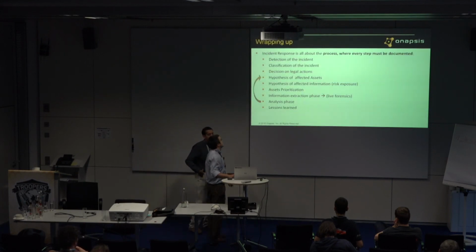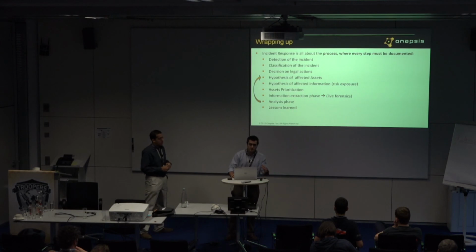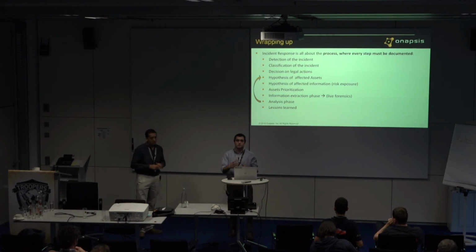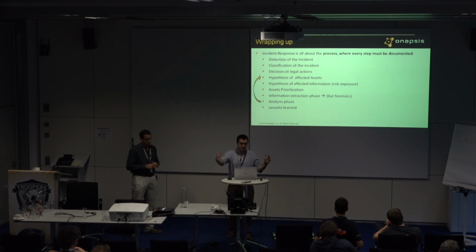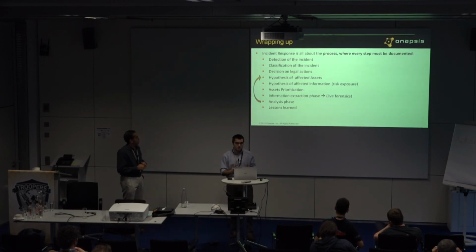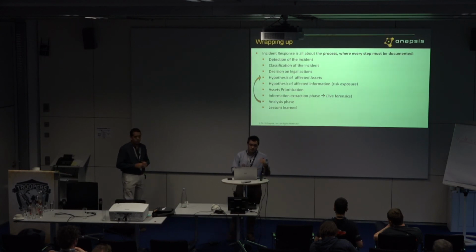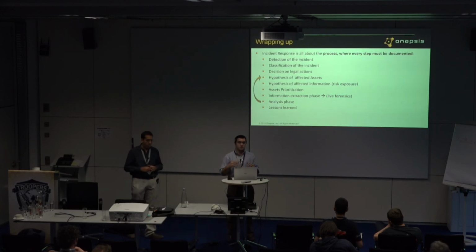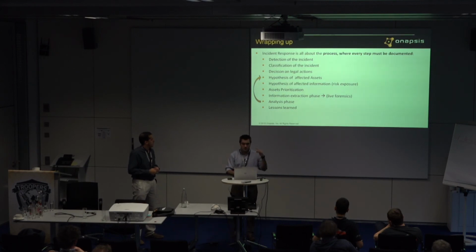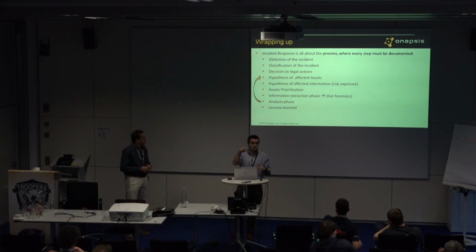Thanks, Sergio. Basically, wrapping up, this is how we envision an incident response procedure in a bigger picture. So it's detection, classification, decision, and then it comes to start analyzing, having hypotheses of what could have happened, getting information, analyzing, and maybe going back to perform new hypotheses and generate new potential scenarios.